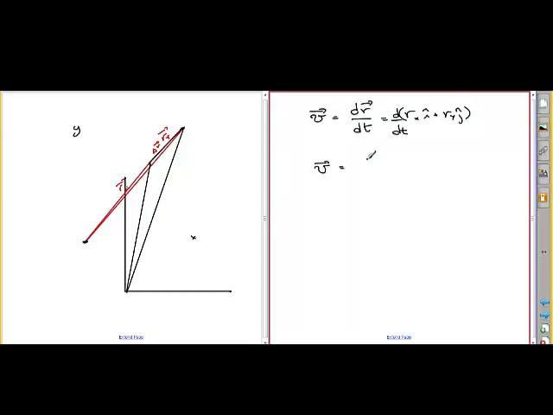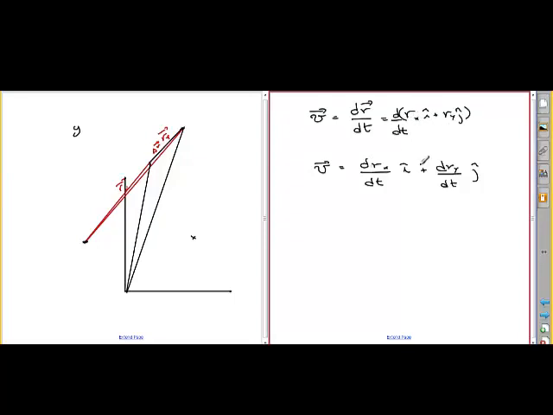So what you'll find is that the velocity is dr sub x dt times the unit vector i plus dr sub y dt times the unit vector j. So you take the derivative; whatever this is, it's a function of time. R sub x is a function of time, r sub y is a function of time.